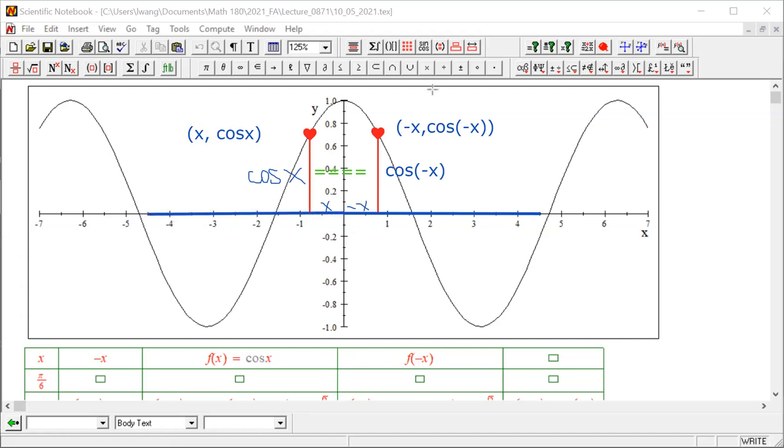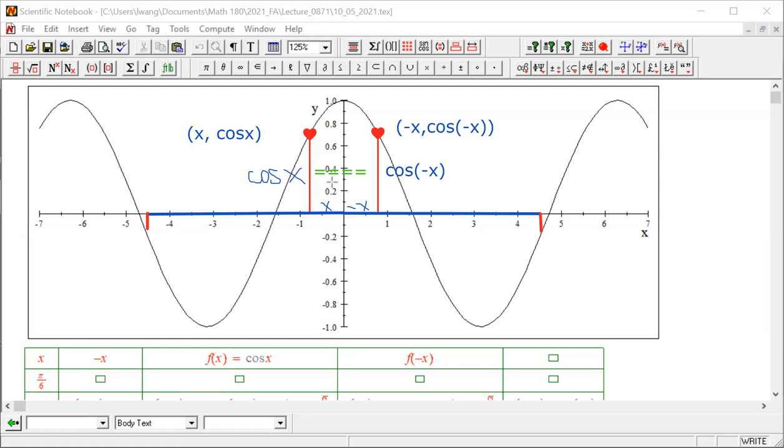And what are their respective outputs? Well, this is the output and that's the output. Same. How do you mark them? Same way. So x can be any number in the domain of cosine.